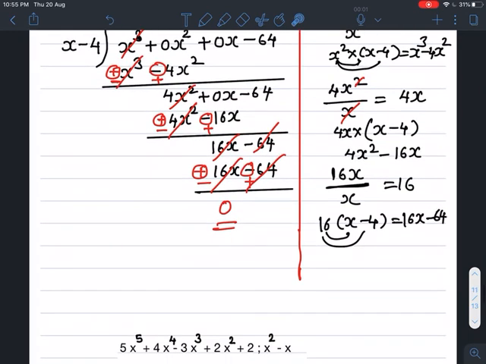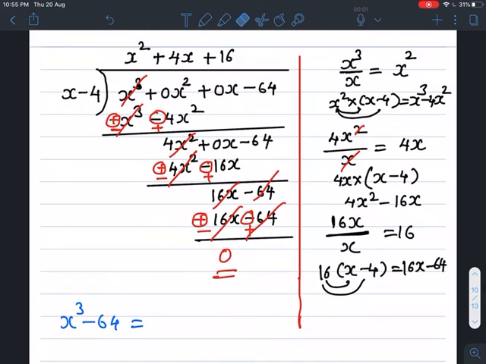So x cube minus 64 is equal to divisor, by which number we have divided, x minus 4, into the quotient. The quotient here is x square plus 4x plus 16, plus remainder, so I can write 0.